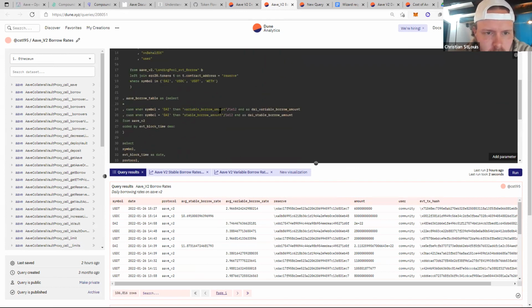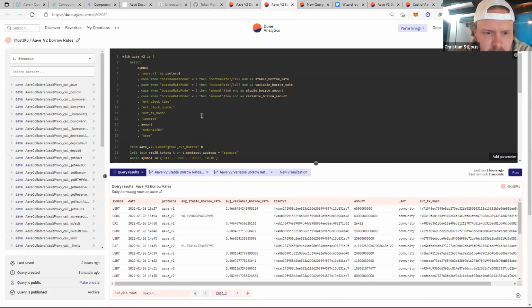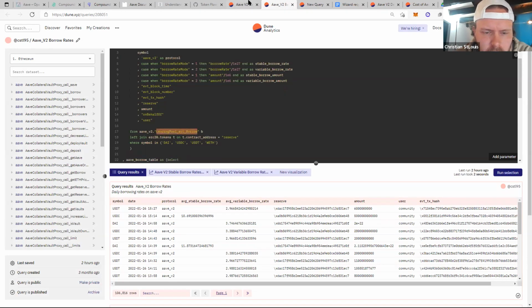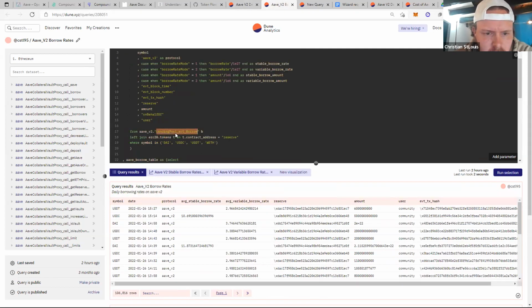We can walk through why they're different compared to the deposit one, and maybe figure out if it's necessary to even use two different tables. I think it is though. So these are the two.